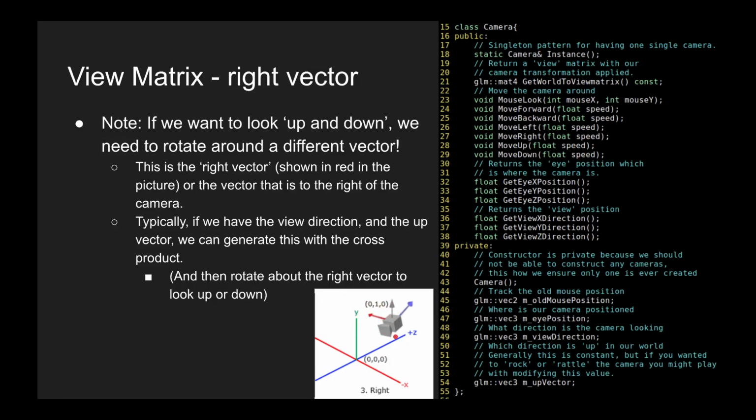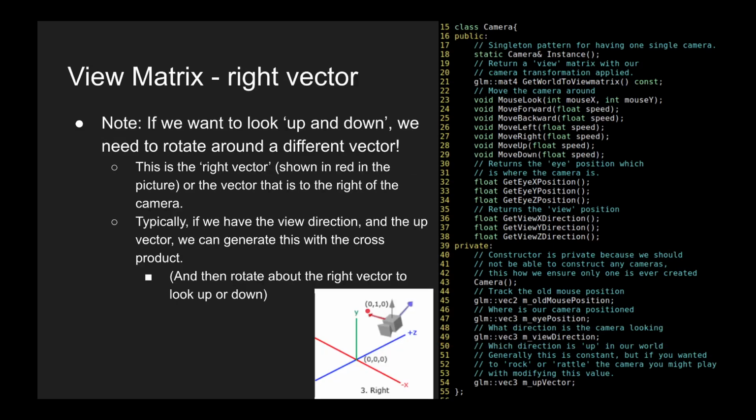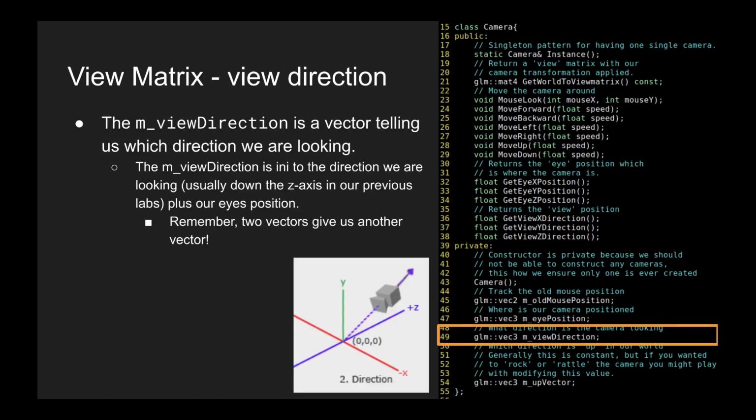You can experiment with different orders if you want, because otherwise you'll get a left vector, and that's a little bit different. But again, if you want to look up or down, then you'll be doing that same rotation, but about the right vector. You'll be turning on this right vector. For the lab, I just have you do left or right, but it's kind of nice if you can look up or down as well.